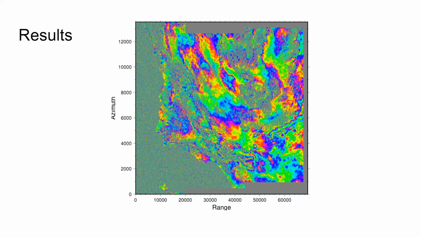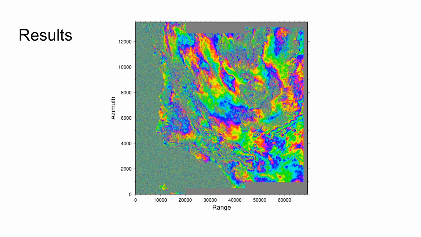This is the result. The data was pretty messy. Apparently November and December is not a great time to get data in that area with all the vegetation growing. But there were a couple of areas I was interested in, specifically around here and up in this area here.